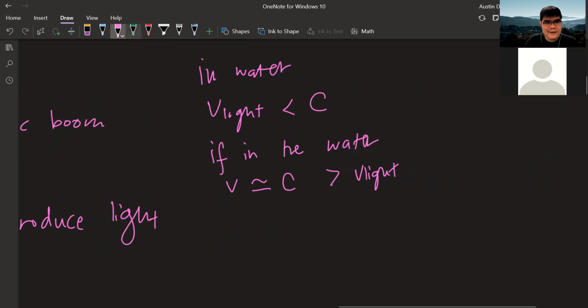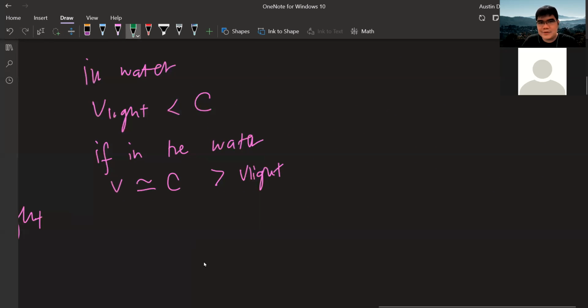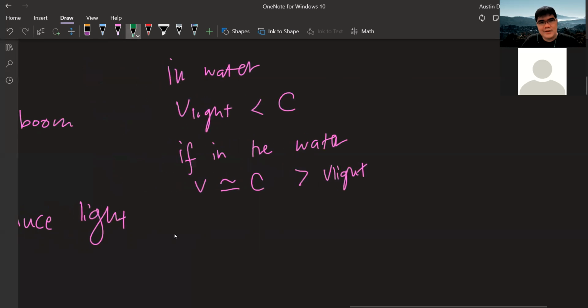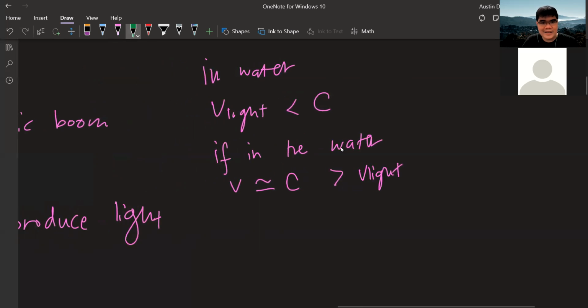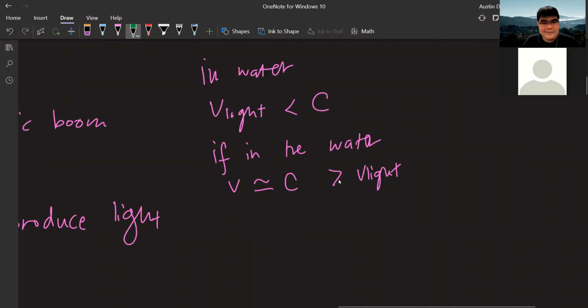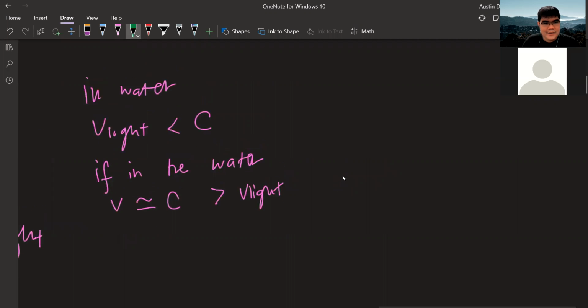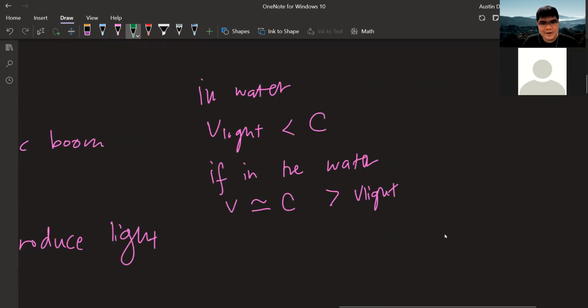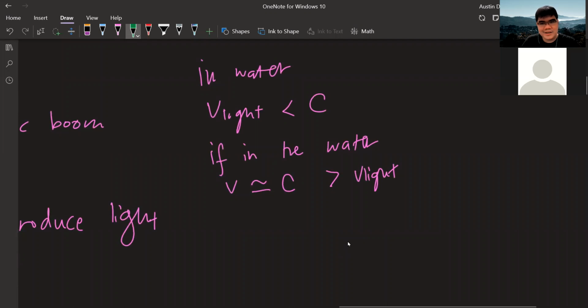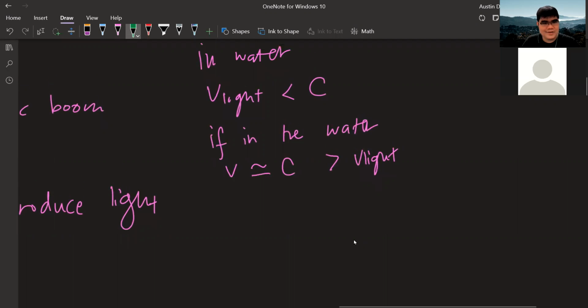Nangyayari to usually sa radioactive elements. Okay, so yung radioactive elements, di ba, pinaportray siya sa mga cartoons na umiilaw siya. Okay, so in vacuum or in air at least, hindi natin nakikita umiilaw siya. Hindi talaga siya ganun. Pero, however, if you put them underwater, umiilaw na ngayon yung radioactive elements mo kasi nagbubuga siya ng mga particles, mga electrons, helium atoms, or alpha particles.